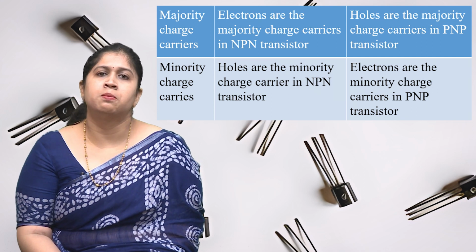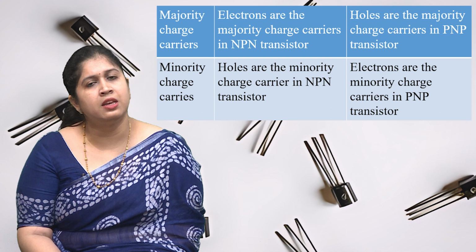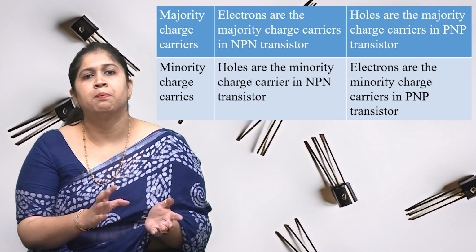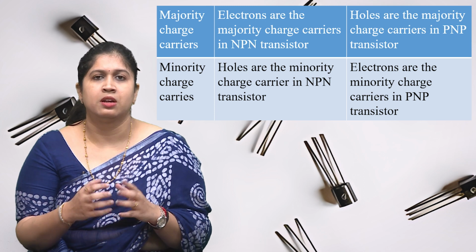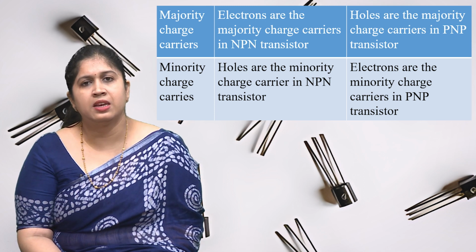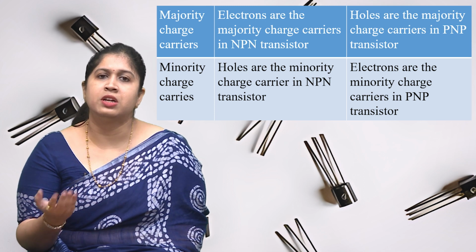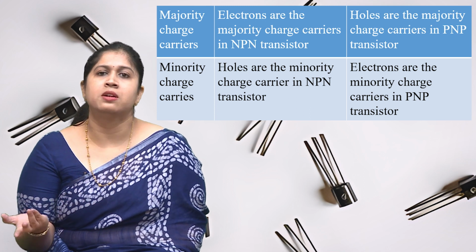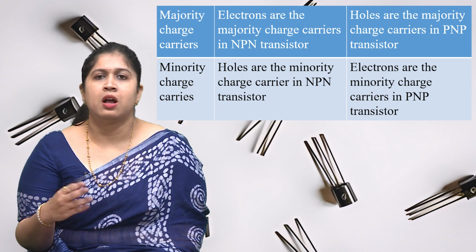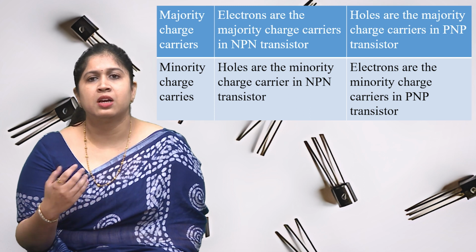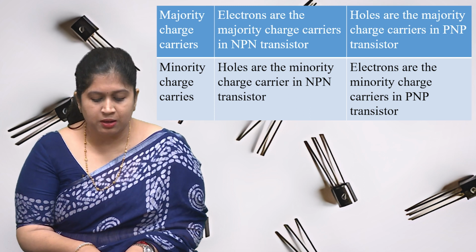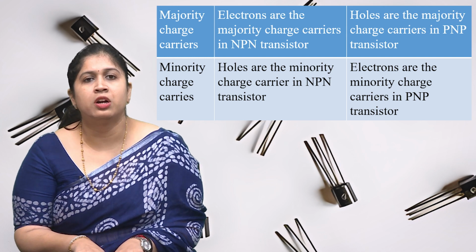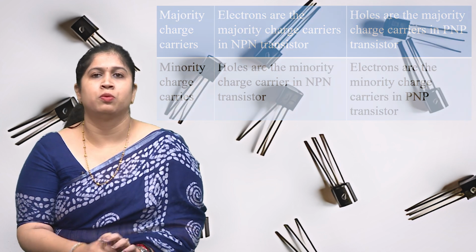Electrons are the majority charge carriers in NPN transistor, but for PNP, holes are the majority charge carriers. Minority charge carriers. Holes are the minority charge carriers in NPN transistor. Electrons are the minority charge carriers in PNP transistor. Both are opposite from minority and majority point of view.